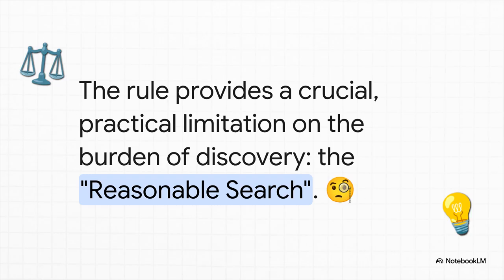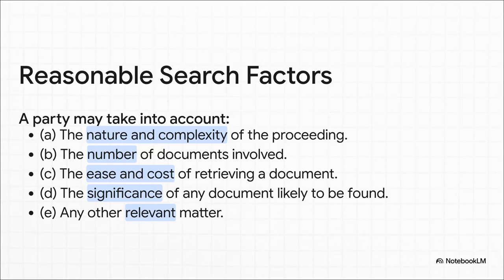It provides a really crucial practical limit on this whole burden, the reasonable search. This is all laid out in Rule 20.14, Subrule 3. It's basically a common sense check on how far a party needs to go. It's a balancing act, right? You weigh the potential value of a document against the actual cost and effort of digging it up.